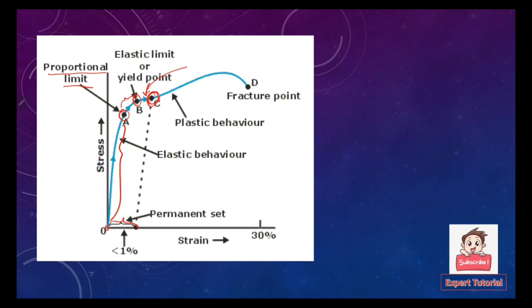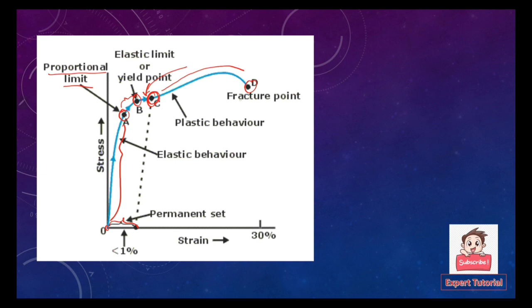Now on further increasing the load, the length increases still more rapidly, that is, this region. Ultimately a point D is reached when the stress takes a maximum possible value. This is known as the breaking stress.